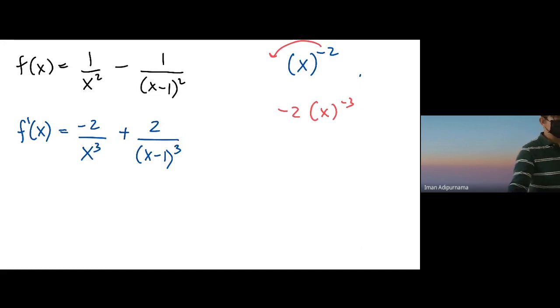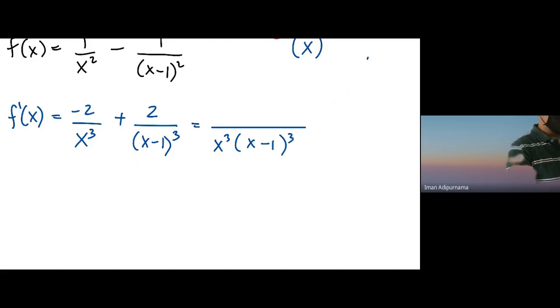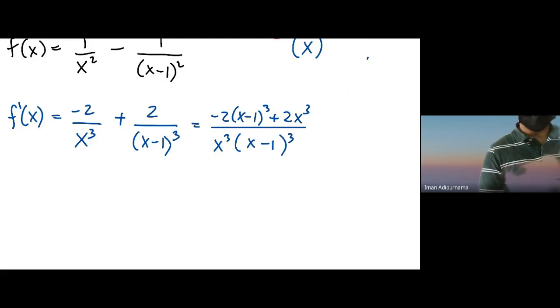And then check f prime. We can make this into x cubed, and then check with 0.